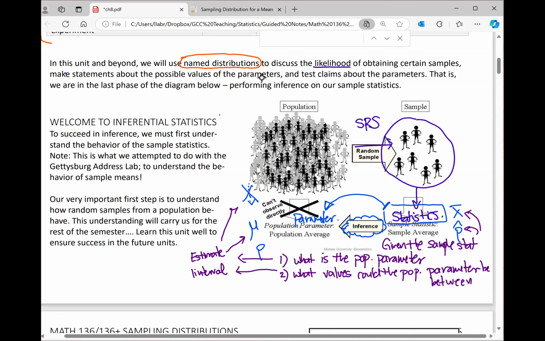But the last major thing that we're going to look at is, given the sample, is there evidence? Does the sample support a claim regarding the population parameter?